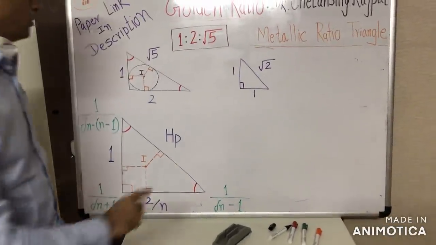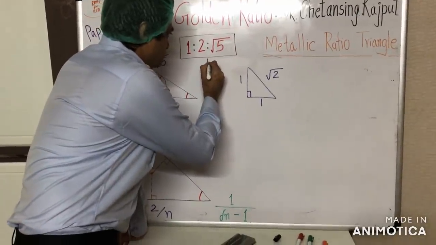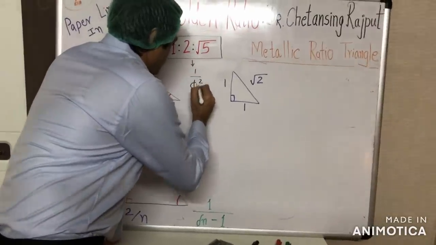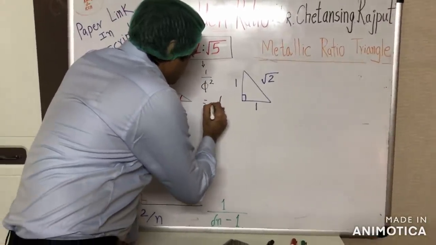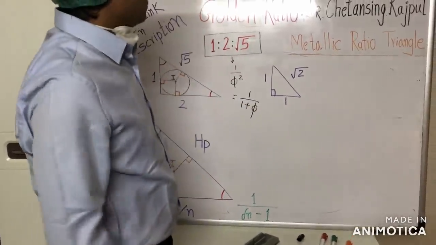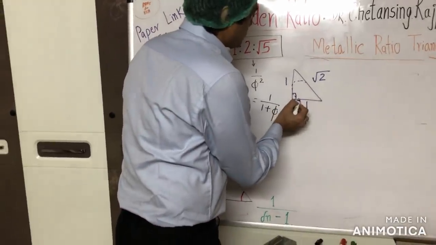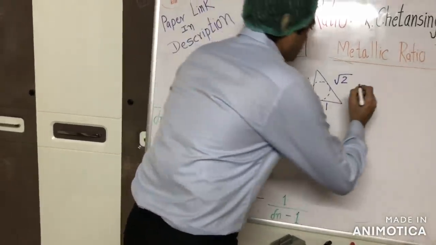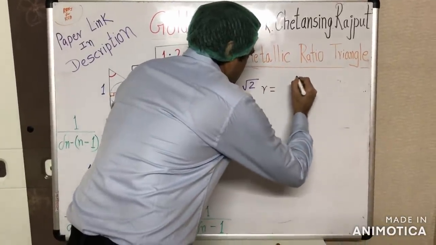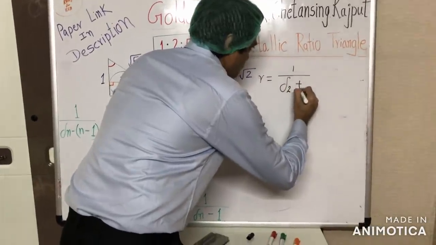We had seen the inradius of this golden ratio triangle which was equal to 1 upon phi square, or this can be also written as 1 upon 1 plus golden ratio. Just like that, the inradius of this silver ratio triangle can also be written as inradius r is equal to 1 upon silver ratio plus 1.